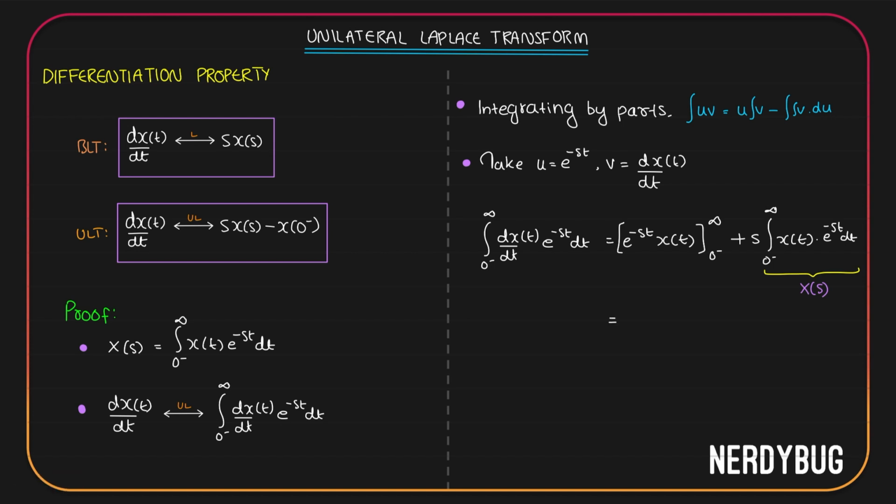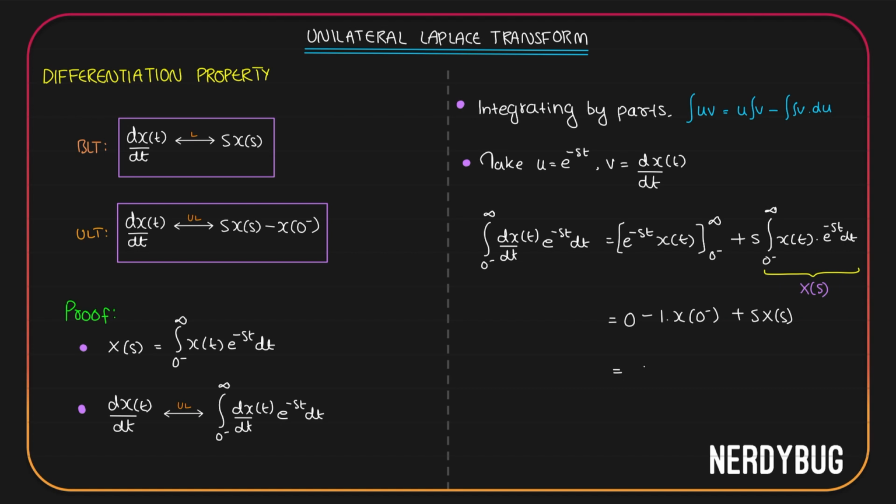Let's give limits to the first term. If you give the upper limit, this becomes e raised to minus infinity, which is 0. 0 multiplied by x of infinity, we can take it as 0. Giving the lower limit, this becomes e raised to 0, which is 1. This becomes x of 0 minus. So we get minus 1 multiplied by x of 0 minus plus s multiplied by the integral, which is X(s).